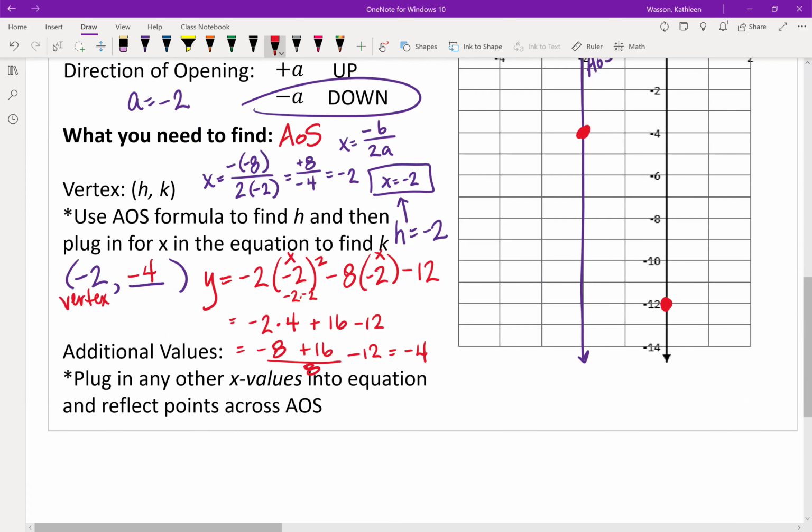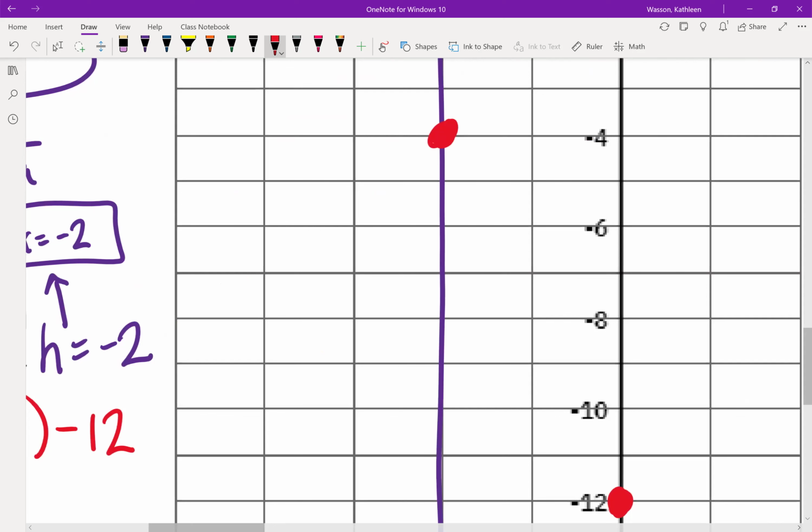Now that I know where my vertex is, you have a choice. You can pick another x and calculate, just like we just did. Substitute and calculate y for that x, or you can use the step pattern. We practiced substitute and calculate, so I'm going to do another example that has a step pattern.